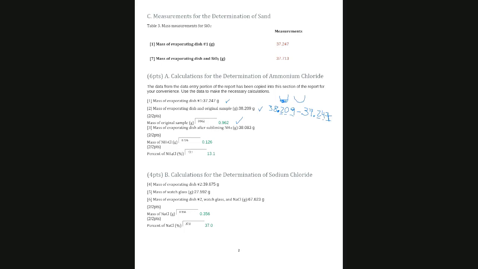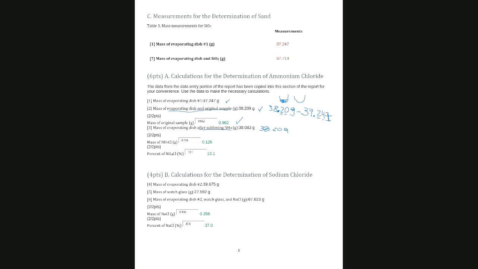So then let's look at what else you have to do. After subliming, they give you the mass. So how do you know how much ammonium chloride you have? You do again the original sample, you subtract, right? 38.209, because here you have evaporating dish and original sample.